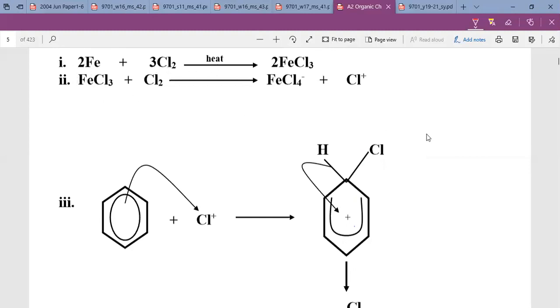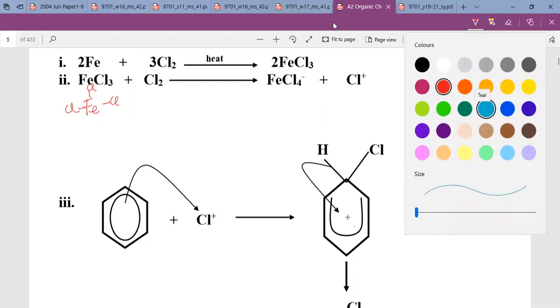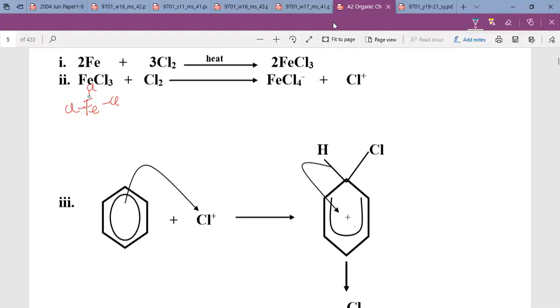So what happens is here, I will draw the cross and dots. So Fe, and Cl, and Cl here. I use a different color: for iron, dot, and for chlorine we use yellow, cross.